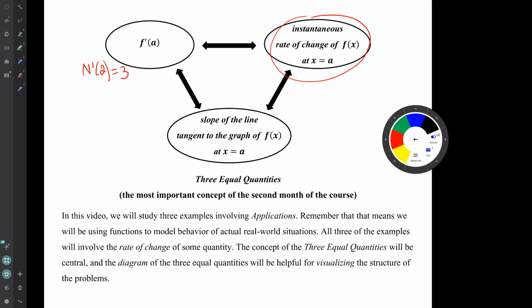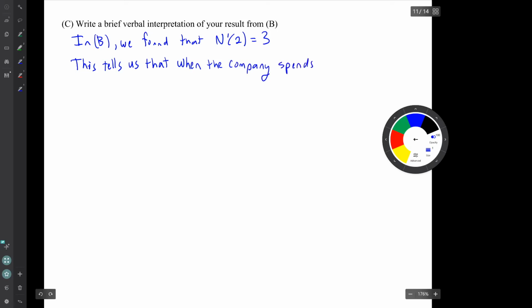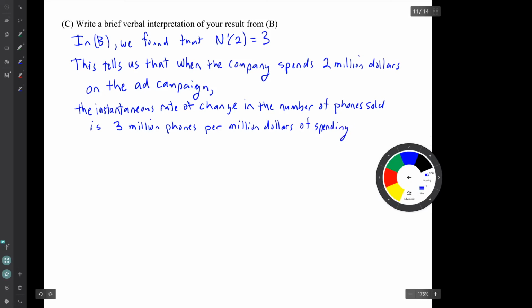So when we write about this, interpreting it in terms of the sales, we have to write about the change of advertising dollars spent, not change in time. So there's our interpretation sort of by the book.